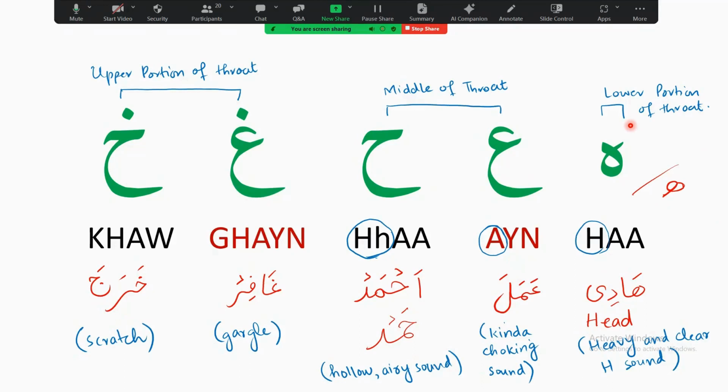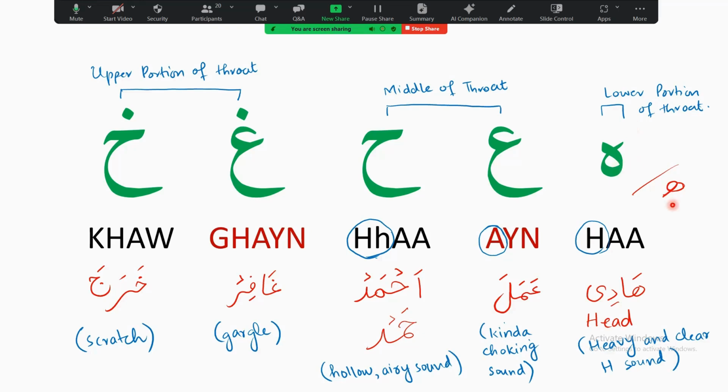It is a very clear and heavy sound, because it comes from the lower portion of our throat that is near to our chest, and we say ha, ha. Try saying it as well, right? Ha.